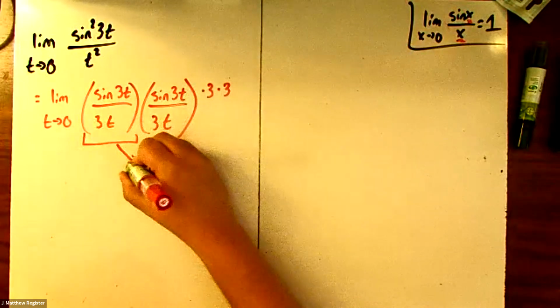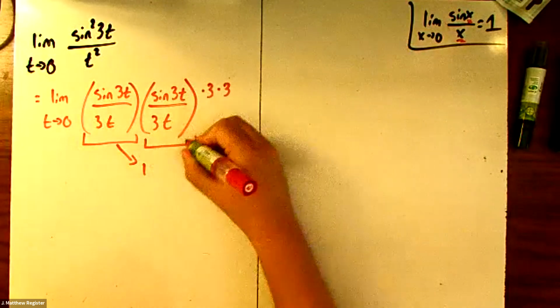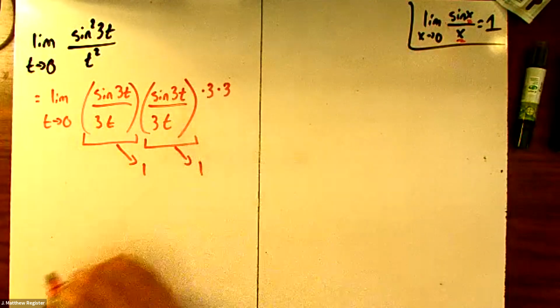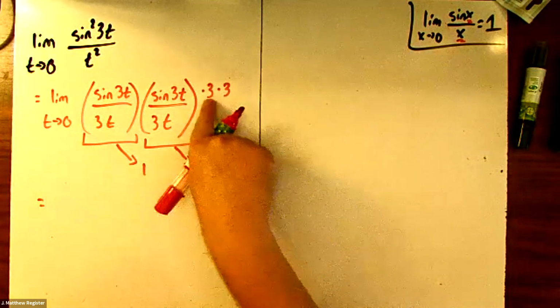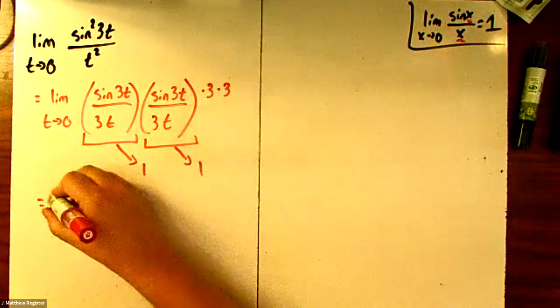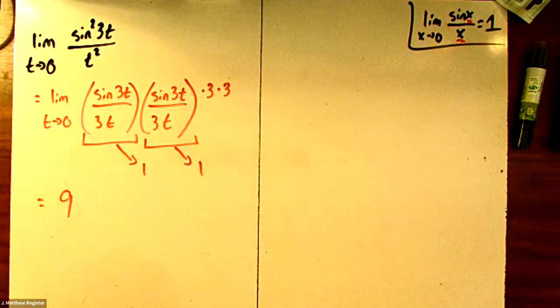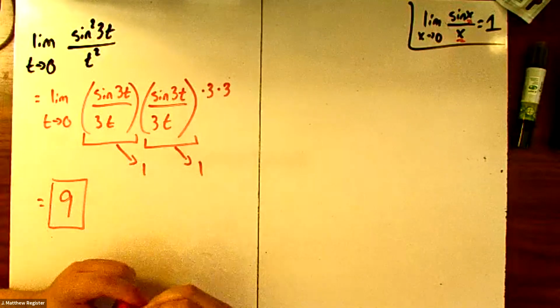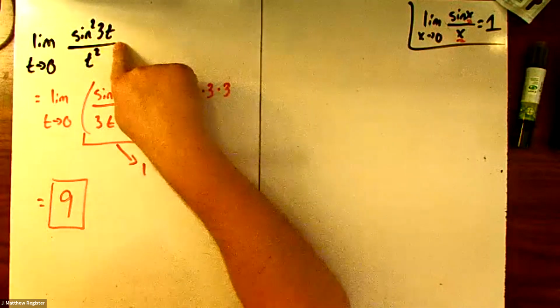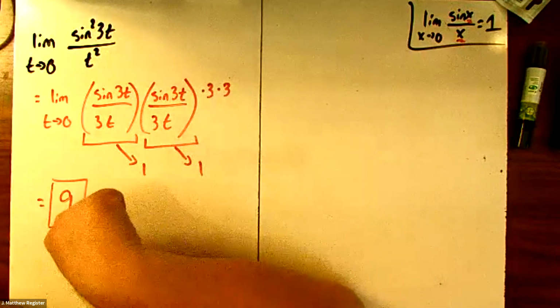Now this bit goes to 1, and this bit goes to 1, and we have 1 times 1 times 3 times 3, which is 9. So the limit as t goes to 0 of sine squared of 3t over t squared is 9.